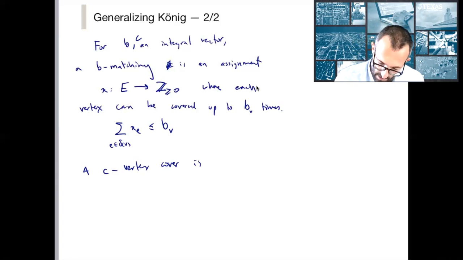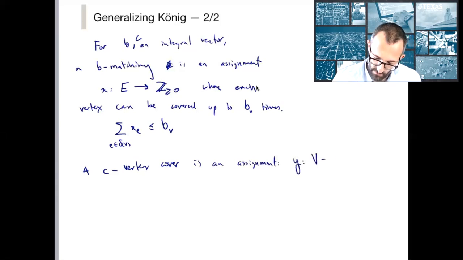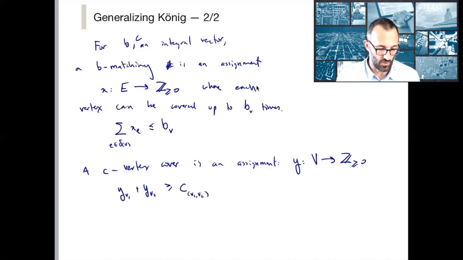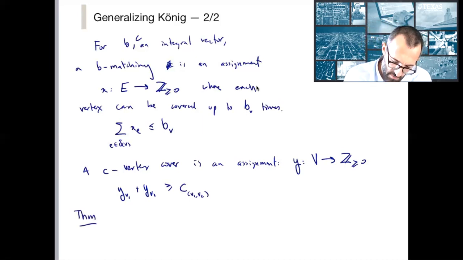So it's an assignment y, which maps vertices to non-negative integers, where now we need to have y_v1 plus y_v2 is not just bigger than 1, but whatever this value is.